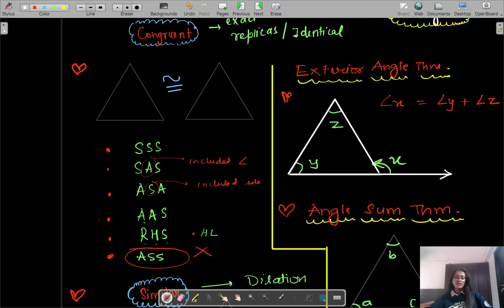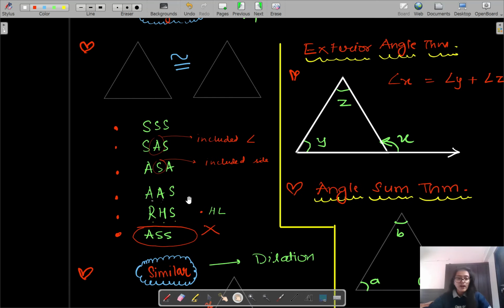Then we have RHS or HL. RHS stands for right angle hypotenuse side. HL stands for hypotenuse and leg. Now this criteria is only used in right triangles. So if in any two right triangles there is a right angle and if hypotenuse of one triangle is congruent to the other triangle and one side is congruent to the one side of other triangle, then these two triangles will be congruent.